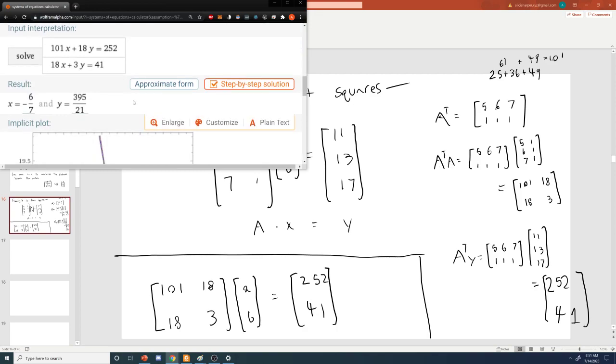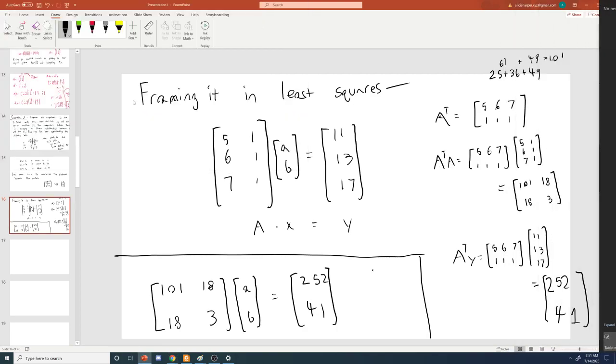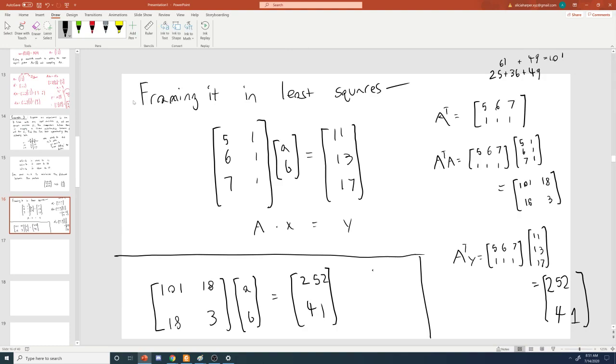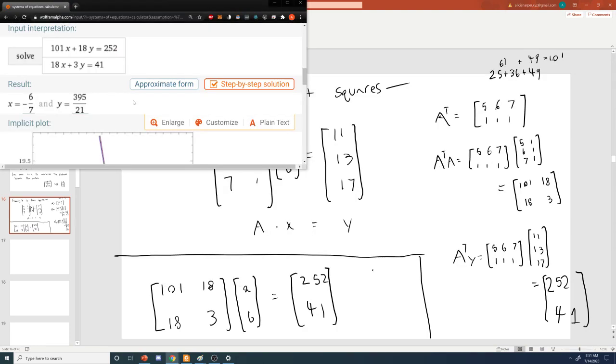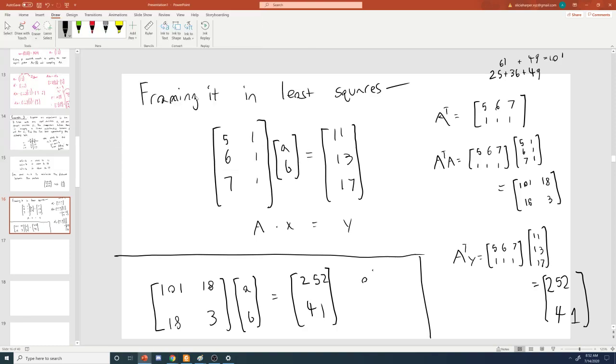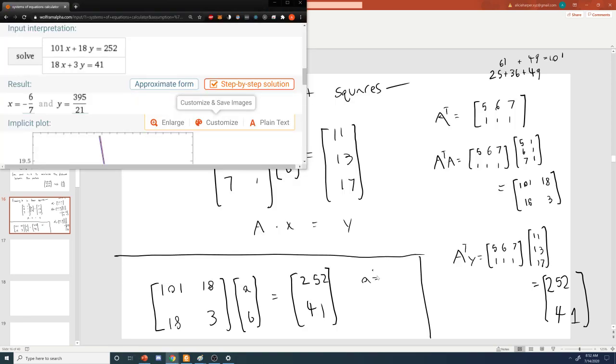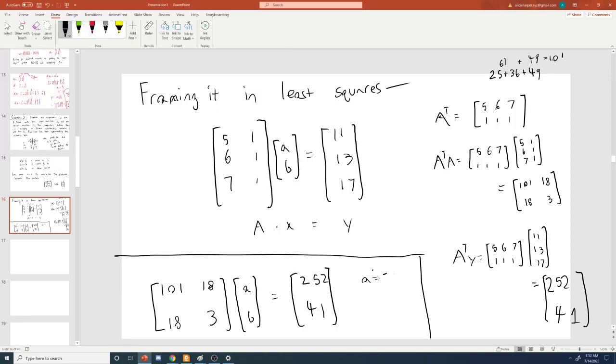So this gives us, let's see, A here is going to be equal to -6 over 7.